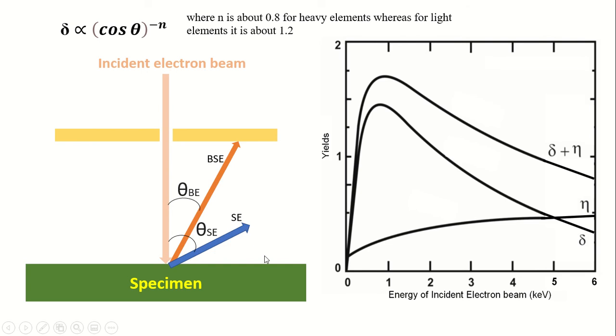One more thing I just want to discuss over here is that the conduction electron density in metals is high. So the secondary electrons have a low probability of escaping the surface of materials.